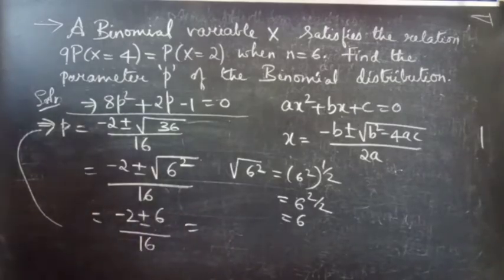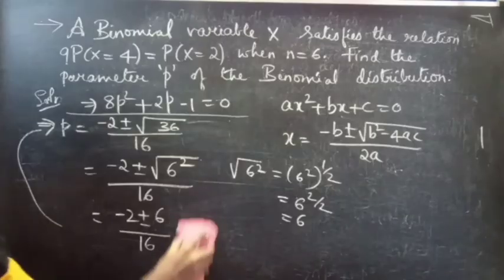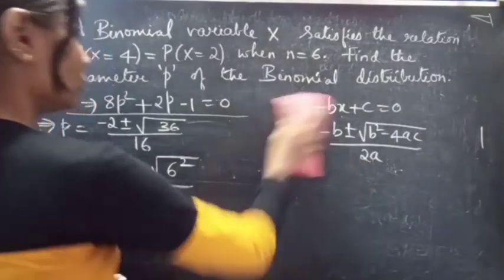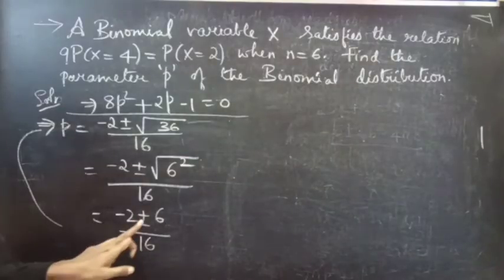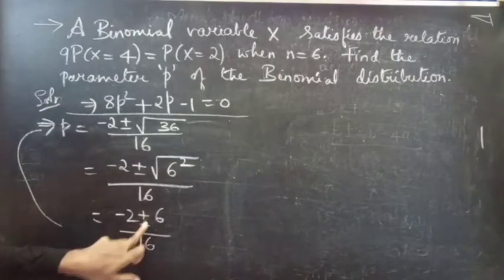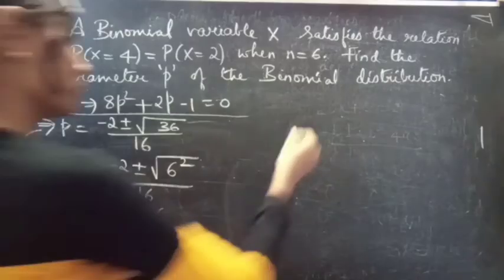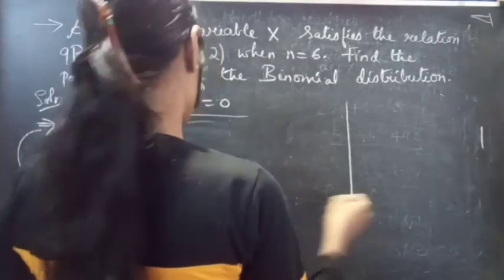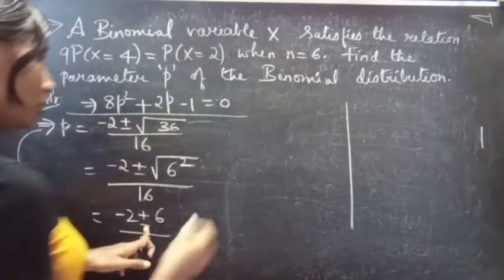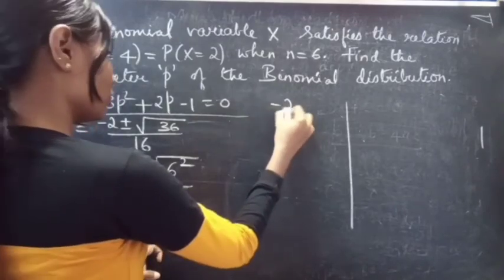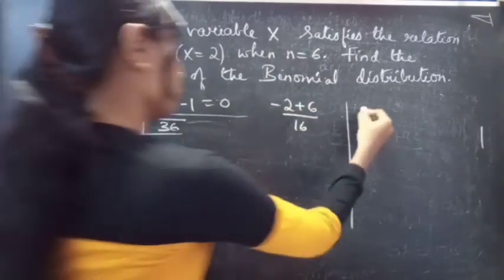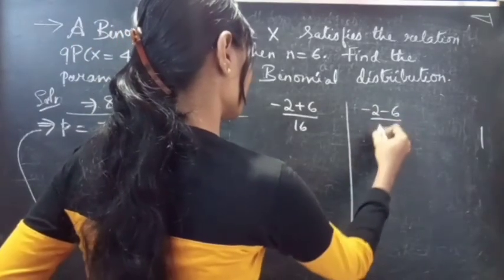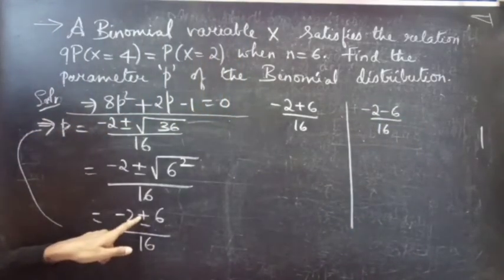Okay. So now you will have two values for p, for plus and for minus. First we'll consider plus.